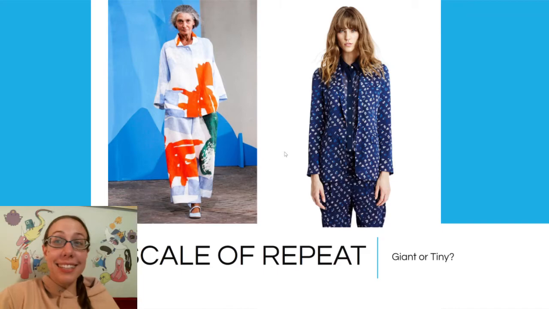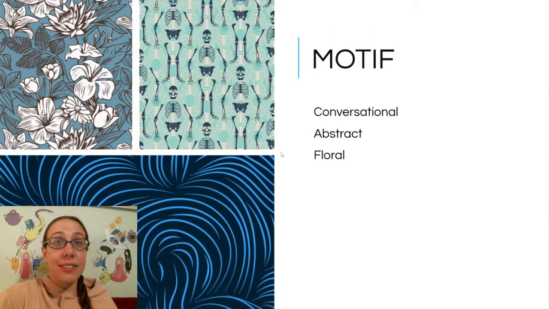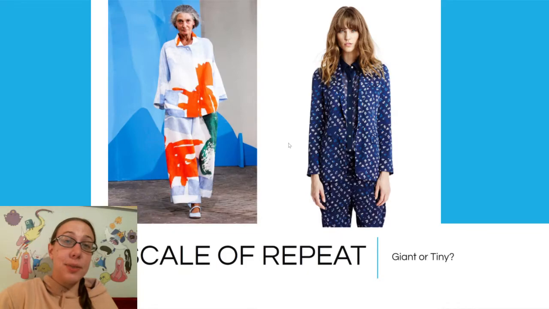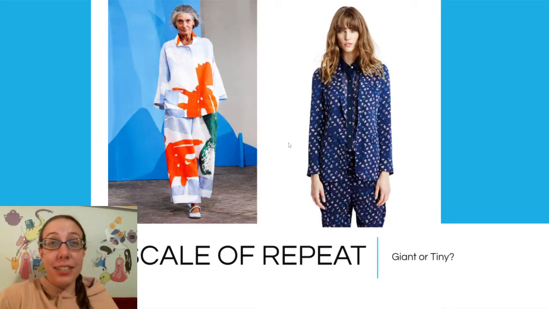So the scale of the repeat is also something to consider. I actually have two slides here, this one and this one. The scale of the repeat can be extremely important in conveying the mood or the feeling of the garment, right?